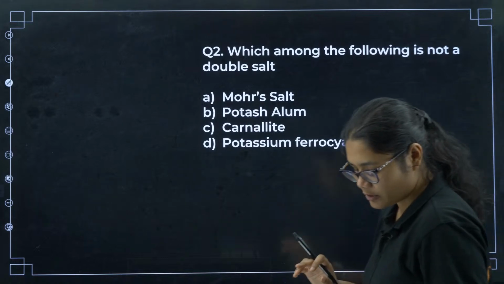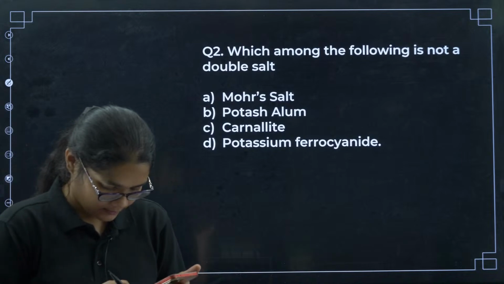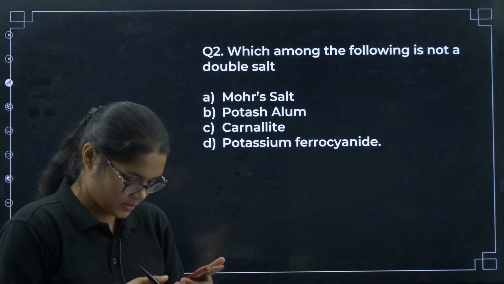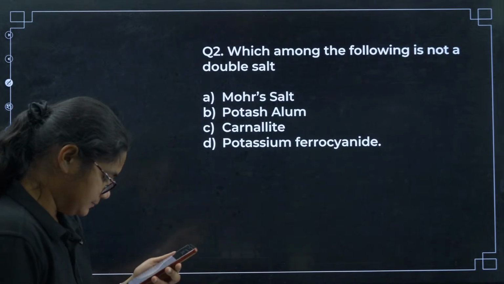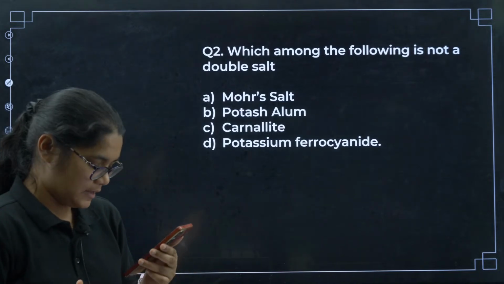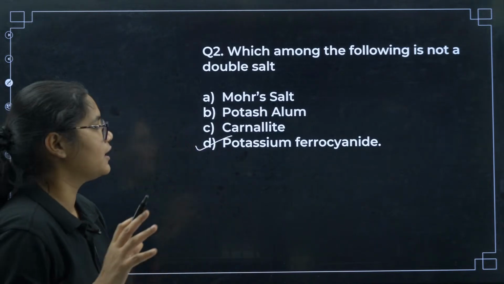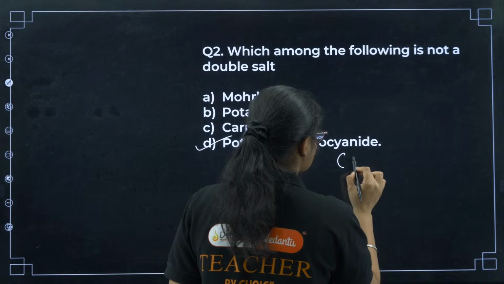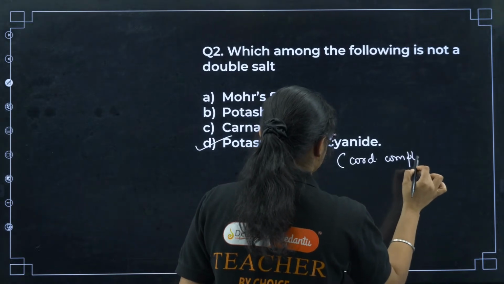You have to find out which of the following is not a double salt. Yes, D is the correct answer. Potassium ferrocyanide is not a double salt. Why? Because it is a coordination complex.